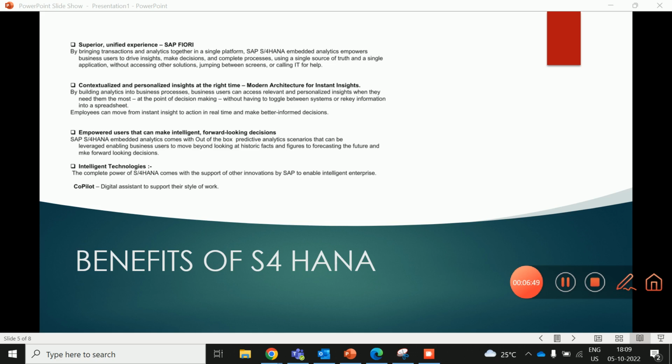With the help of S4 HANA, you can directly execute your reports and make your decision. Also, the earlier system was taking too much time to process data. Now, as S4 HANA is a columnar database, it will process that data faster, and your time will also be saved.